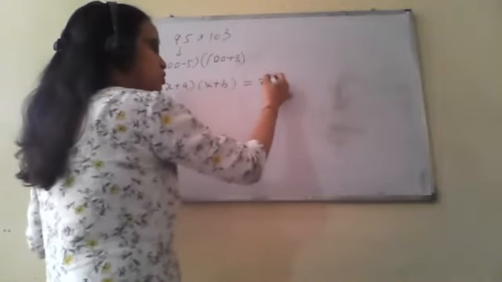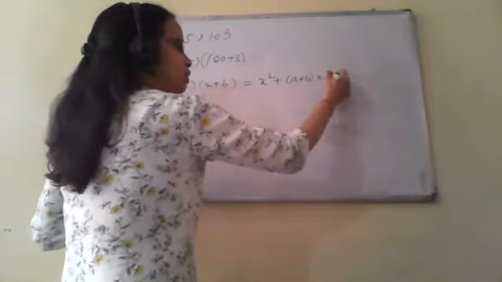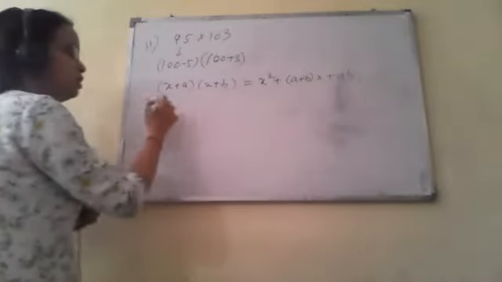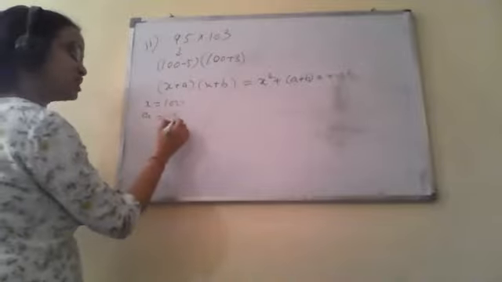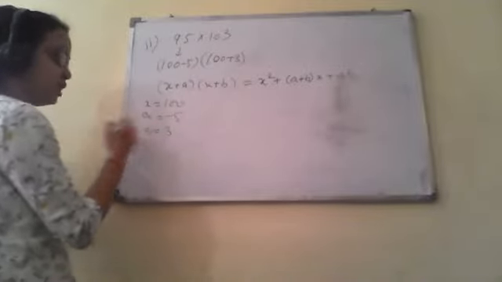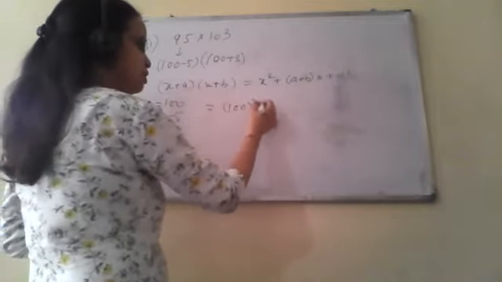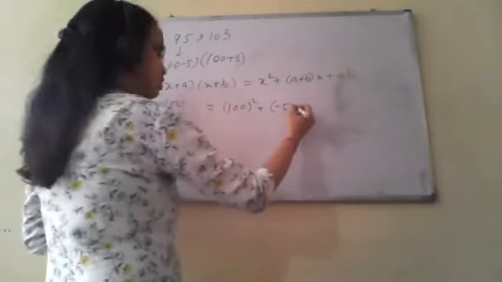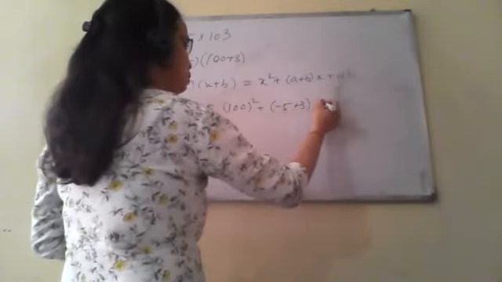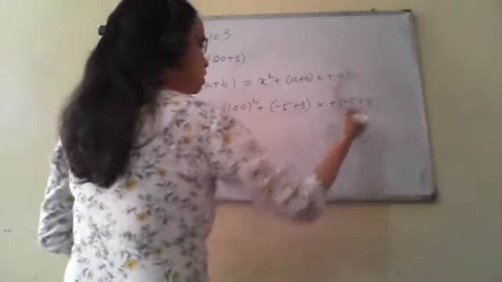So no issue. We'll put x as 100, a is minus 5 and b we have 3. So we'll put 100 square plus, in place of a we put minus 5, plus 3, into x, plus minus 5 into 3.